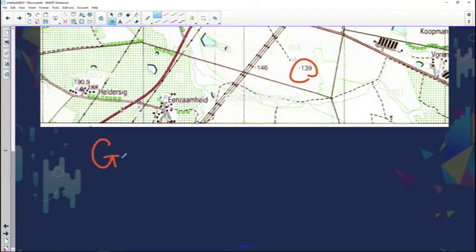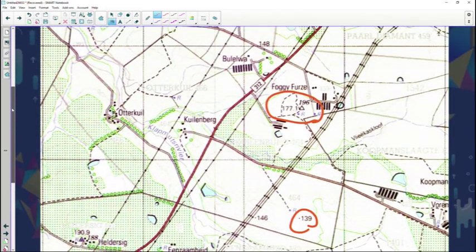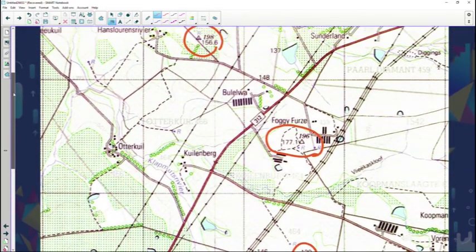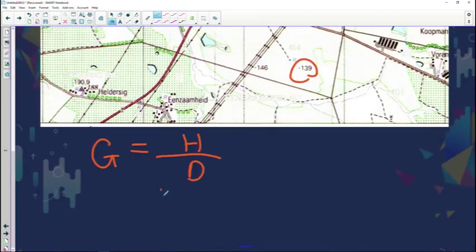First of all, know your formula. Gradient equals height over distance. So we need to get the height difference between the 2 trig beacons. Our first trig beacon is 177.1. We need to get the difference. So what do we do? We subtract the lowest from the highest, like I've explained to you just before the break.